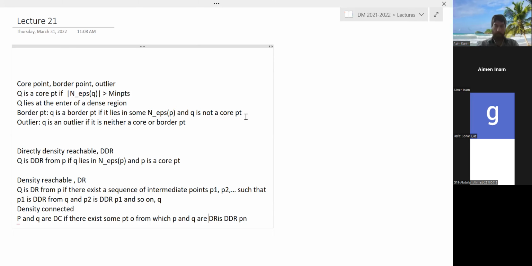Okay. So P and Q are density connected if they are density reachable from a core point O.